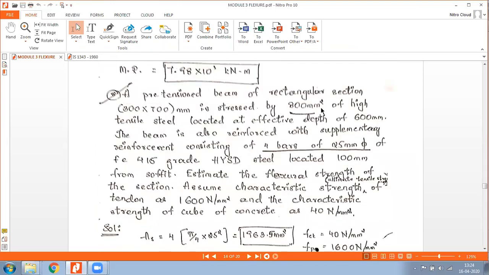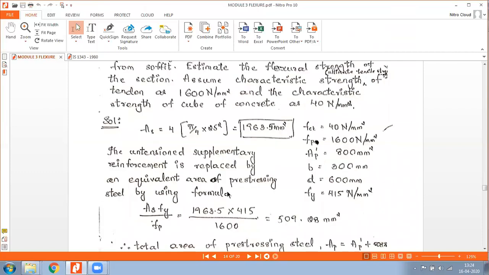Here 800 mm², it is of high tensile steel wires, but these 4 bars of 25 mm dia are the Fe415 grade steels. Here the high tensile steel is used, but these 4 numbers of 25 mm dia bars are the lower grade, that is 415 grade. But we need to convert this area into high tensile steel area by using this formula. That is the change in this problem.